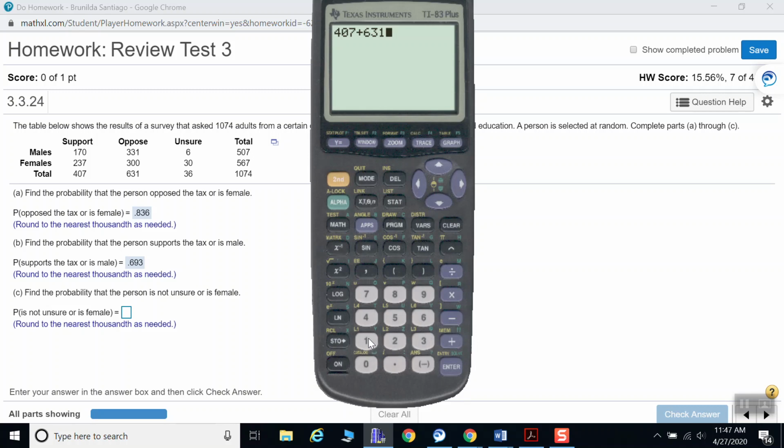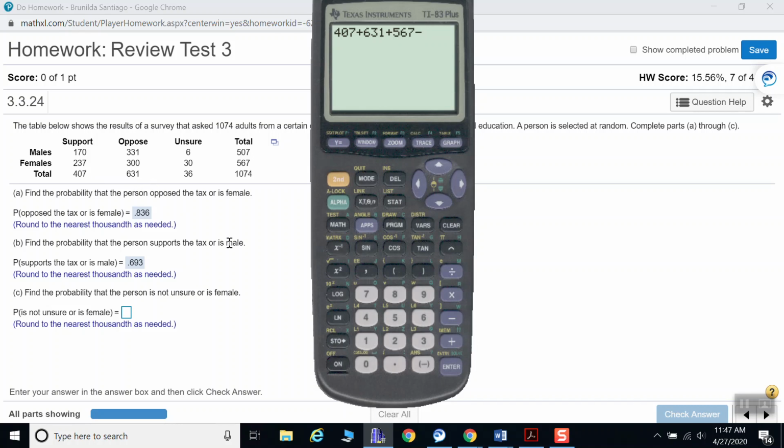And it says or female, so we'll add the total for females, 567, and we have to subtract the ones that we added twice, because the 237 and the 300s are there twice, already included when we added these two numbers.